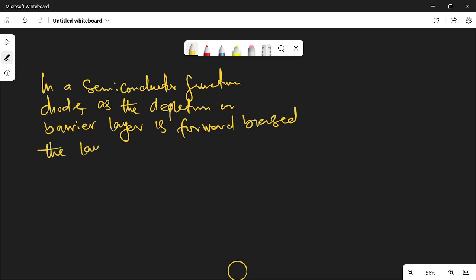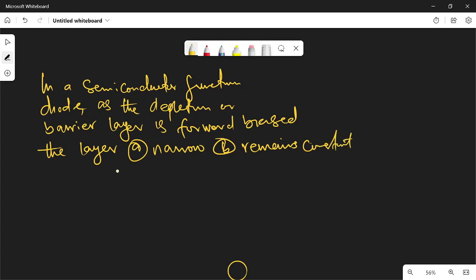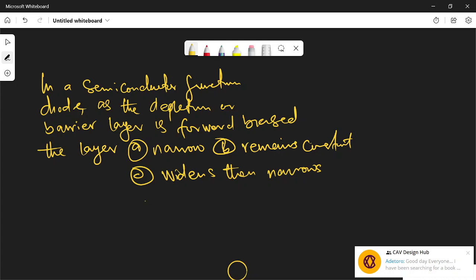the layer A. narrows, B. remains constant, C. widens then narrows, D. widens.